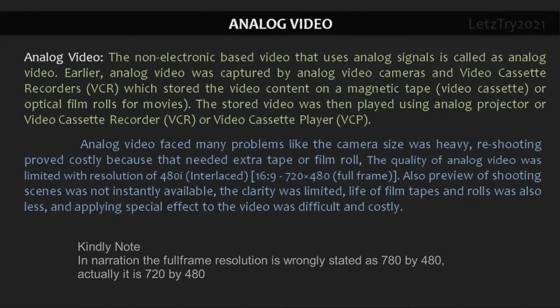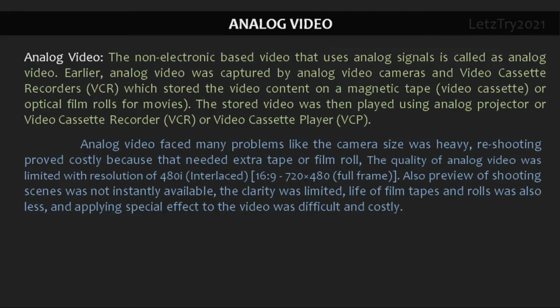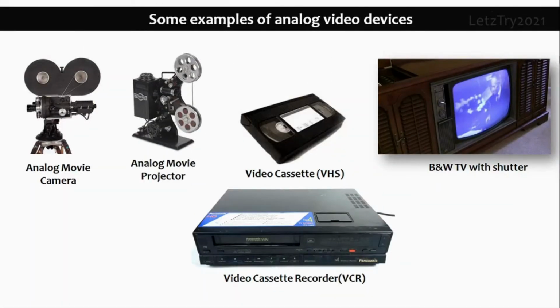Also, preview of shooting scenes was not instantly available. The clarity was limited, life of film tapes and rolls was also less, and applying special effects to the video was difficult and costly. This page shows some analog video devices. These have become antique pieces now.